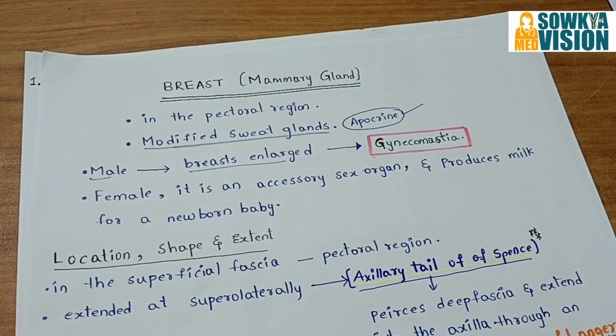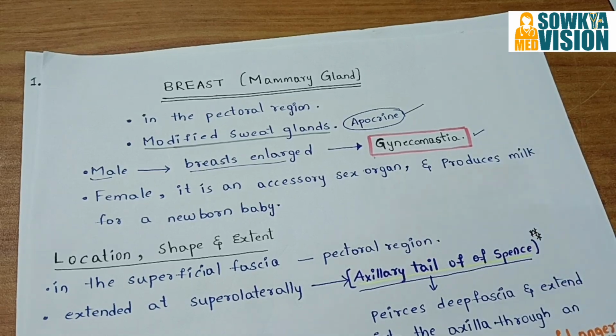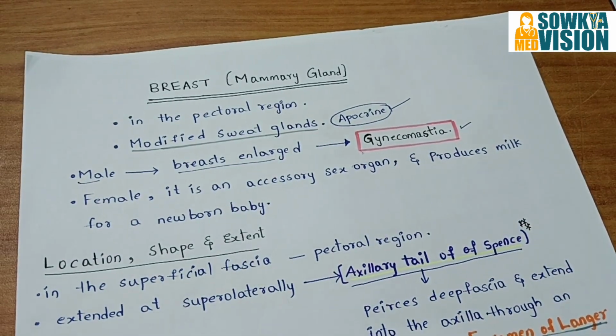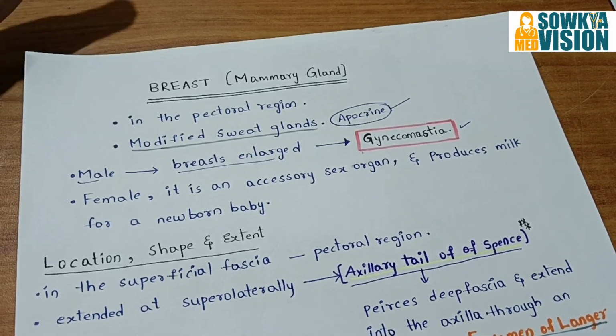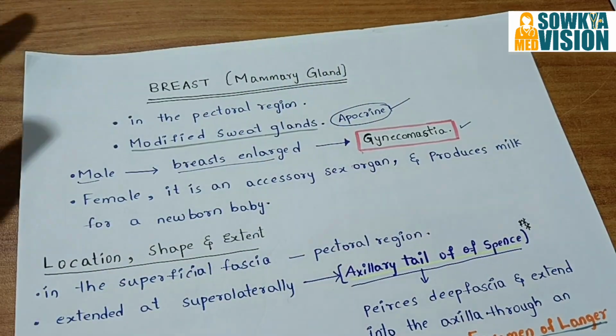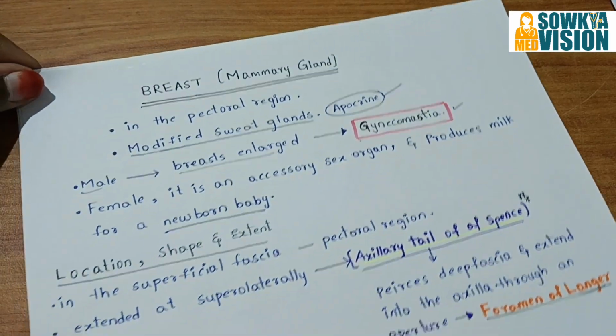If the breast is enlarged in males, it is known as gynecomastia. In females, the breast is an accessory sex organ in the female reproductive system and provides milk for a newborn baby, useful for nourishment of the infant.